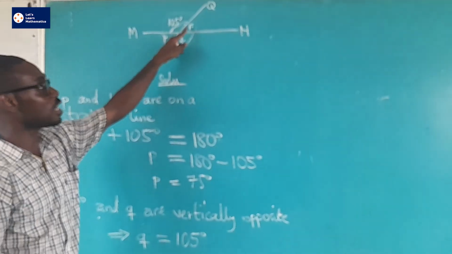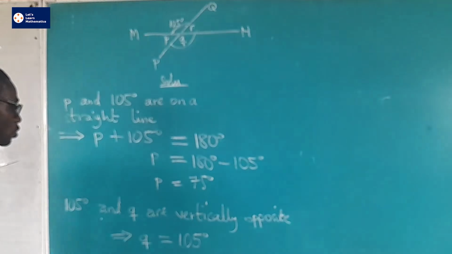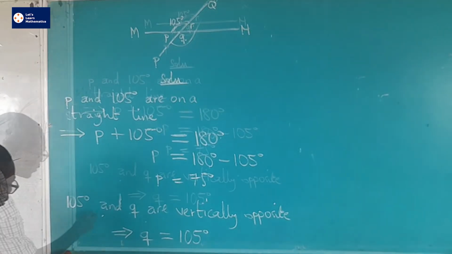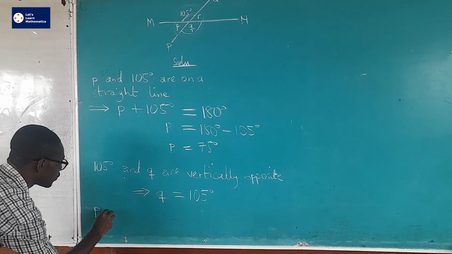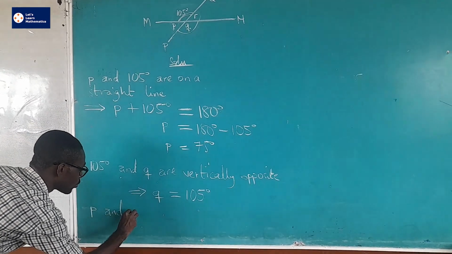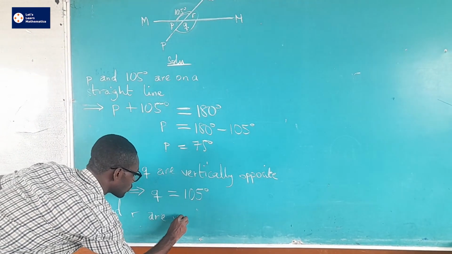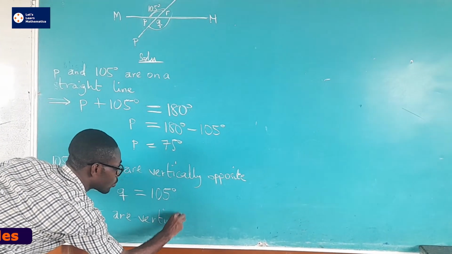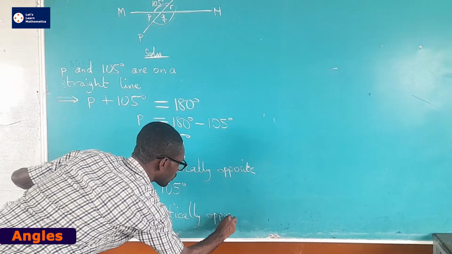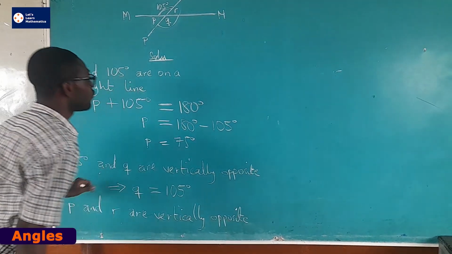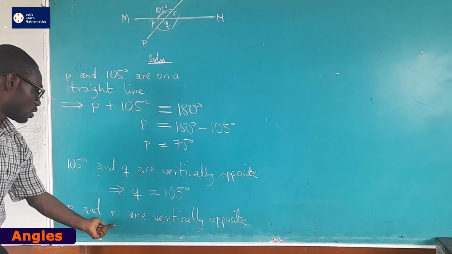It also means that P and R are also equal because they are also vertically opposite. So we can also say that P and R are also vertically opposite. But we've already found the value for P. So we can just do the substitution.